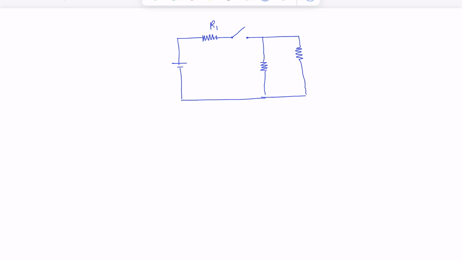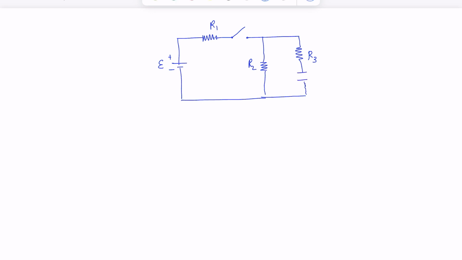Let's say you have a circuit like this. This is R1, this is, let's say, epsilon, this is R2, and this is R3, and there's a twist here, and the twist is that there's a capacitor here, like so.